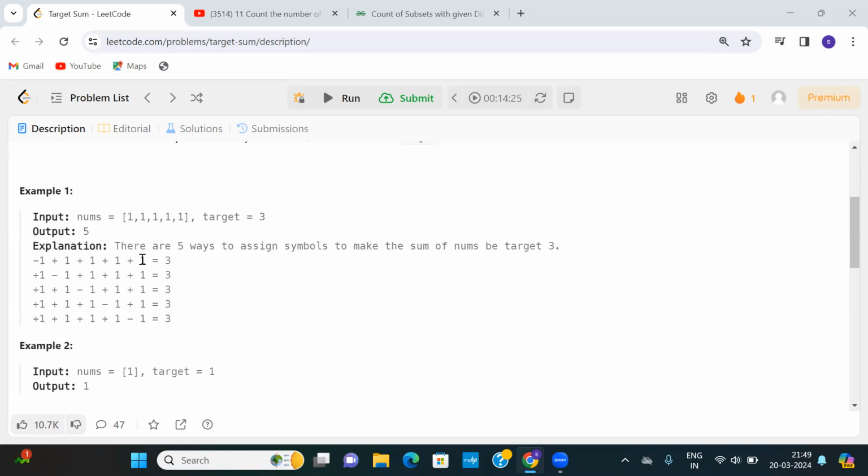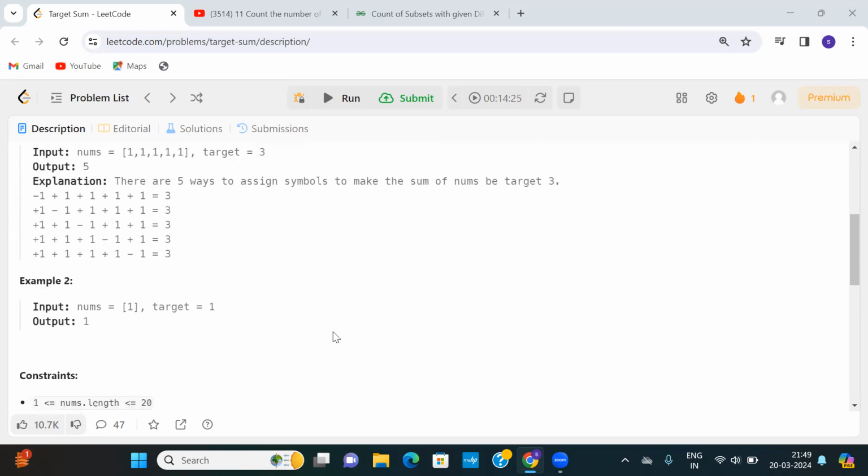This is an expression which is able to build 3 because 4 minus 1 is 3, right? So this is a valid expression. In the similar way, all the expressions are valid as well as unique. So there are a total of 5 expressions that we can build in order to evaluate to target by applying either plus or minus before each integer. So we will return 5 in this particular example.